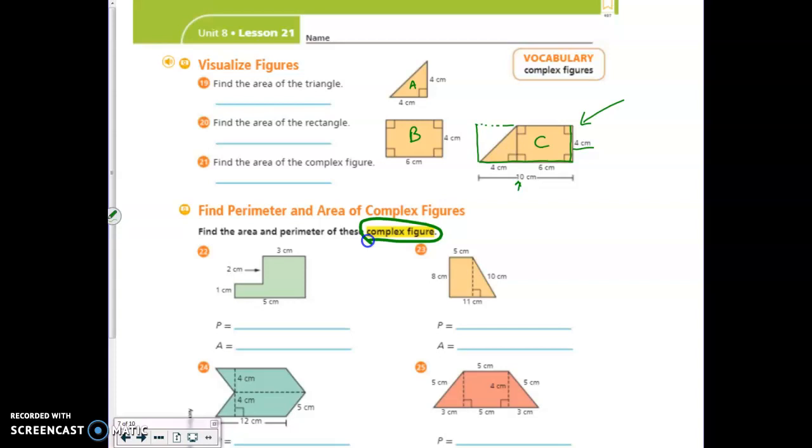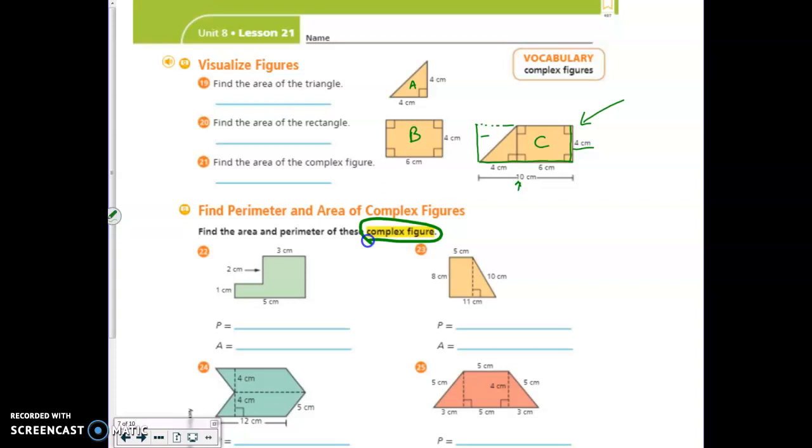So we can't just use the 10 and the 4, unless we would rather find the 10 times 4 for 40 and then subtract this piece that we're missing here, which is another way to do this, but I'm not going to get off track with our lesson right now. That is another possible method.